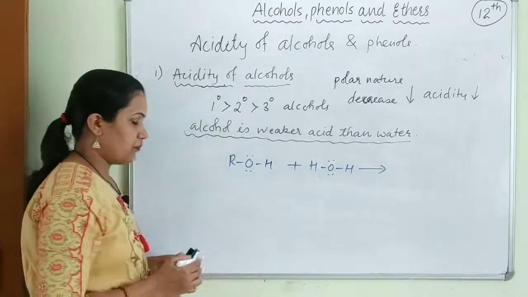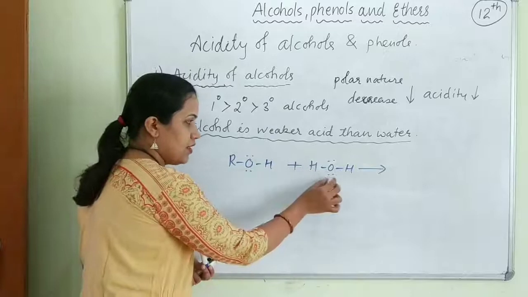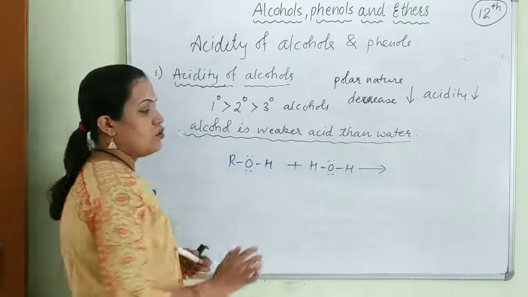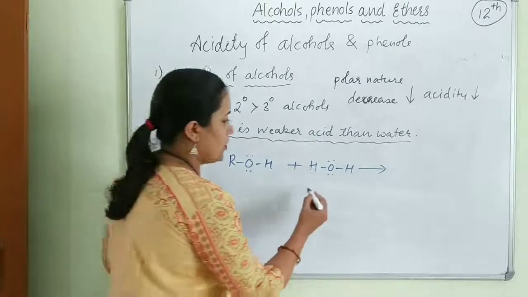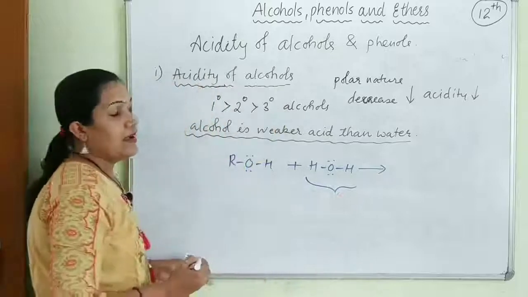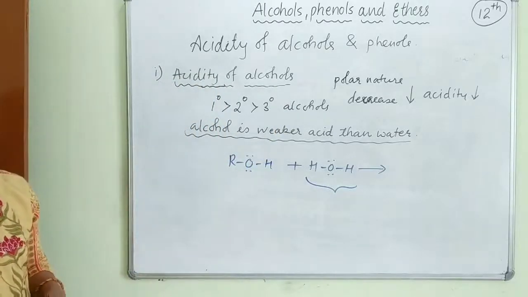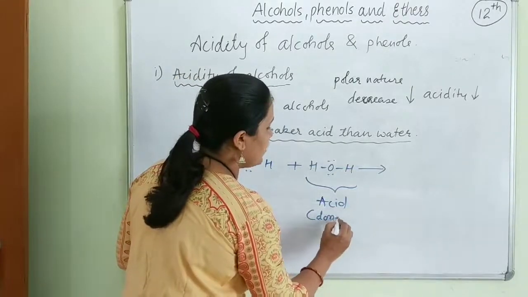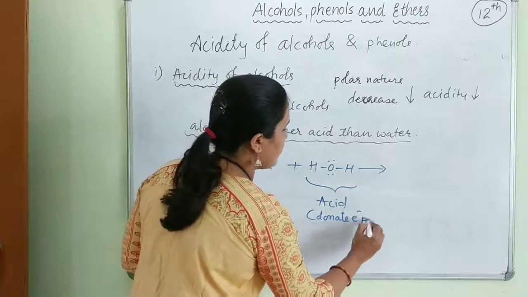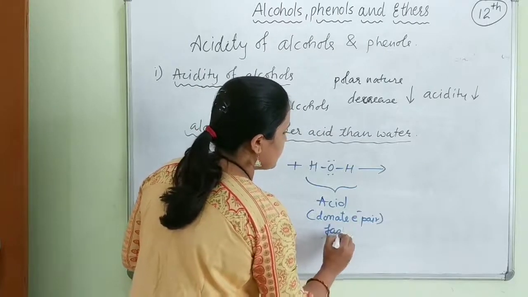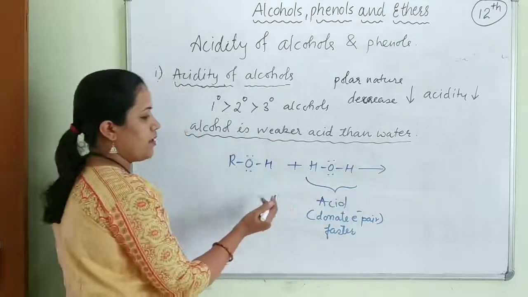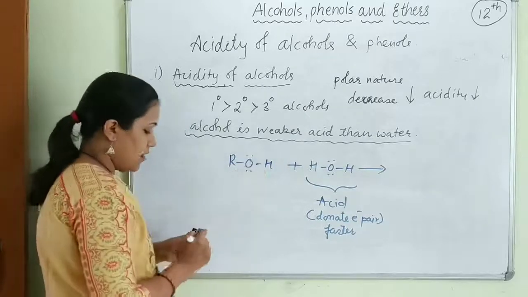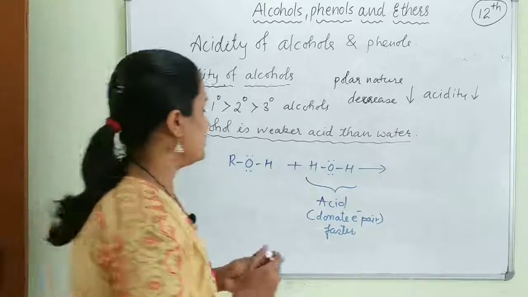First of all, here is oxygen and here is also oxygen, and both oxygens have lone pairs with them. H and H are also there. So what happens? This water acts as an acid and donates a lone pair of electrons. It can donate an electron pair faster to alcohol, and that's why we get this product.